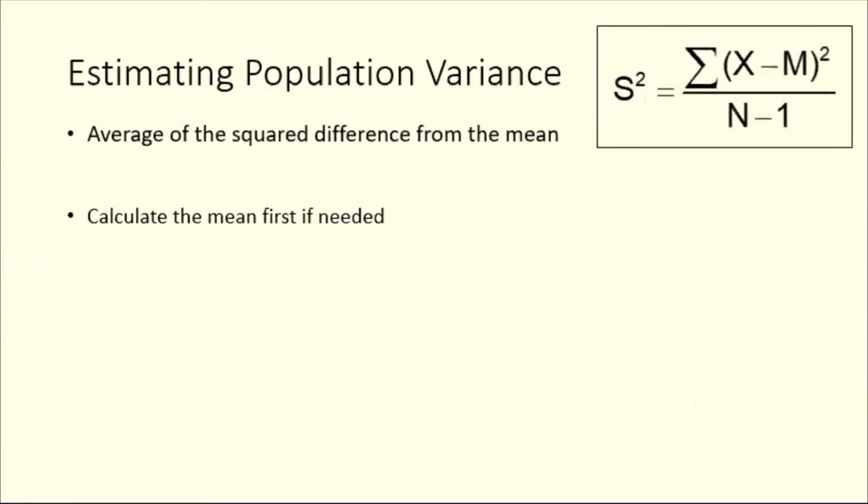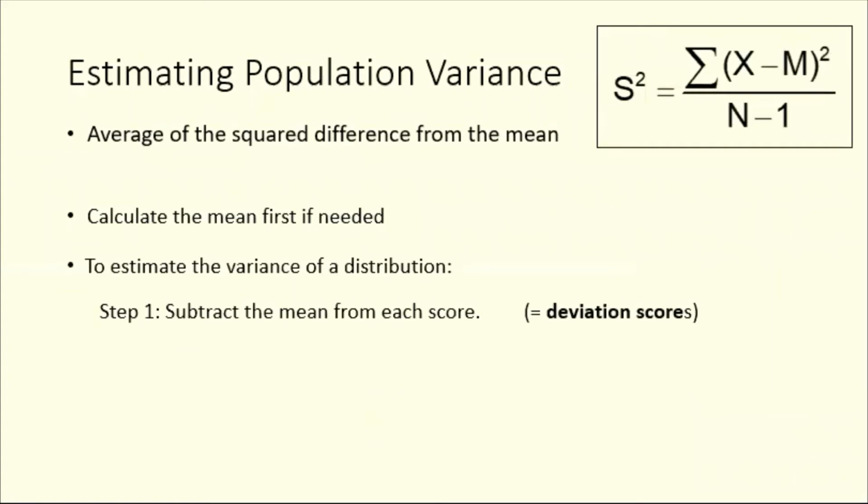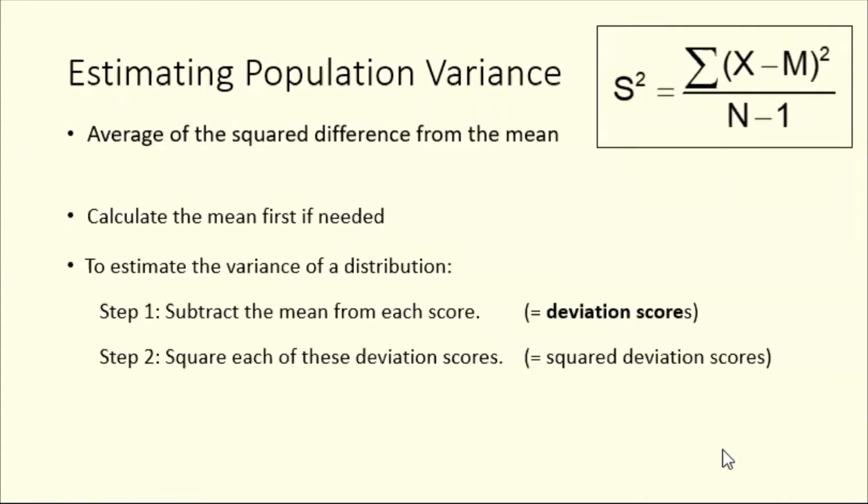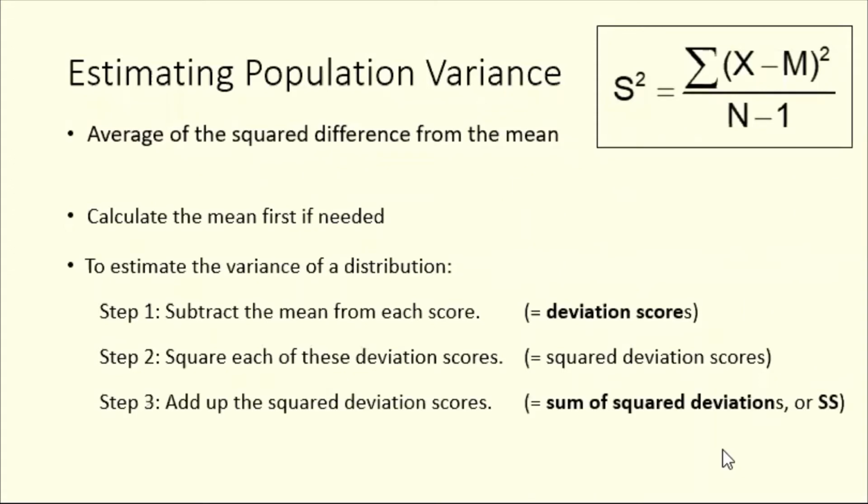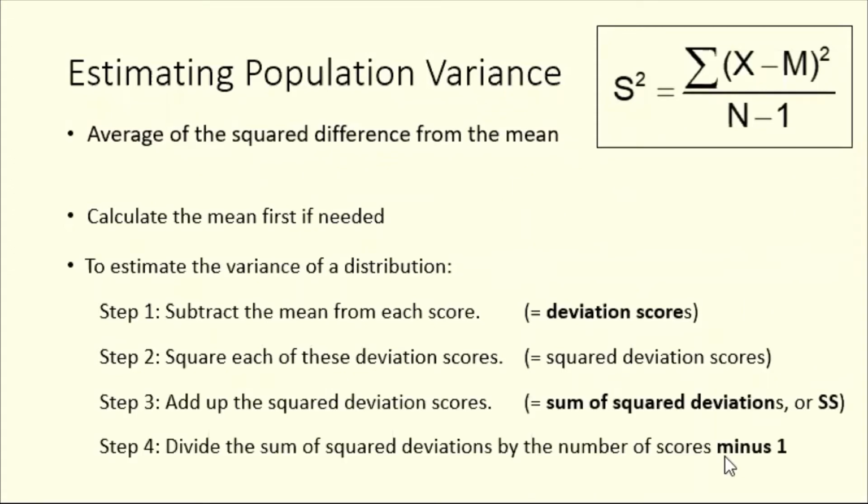But we're just going to take it step by step. Remember that estimated population variance entails getting those deviation scores, subtracting the mean from each score, squaring those deviation scores, adding those up to get the sum of squared deviations, or the sum of squares, and dividing that by the number of scores minus 1.